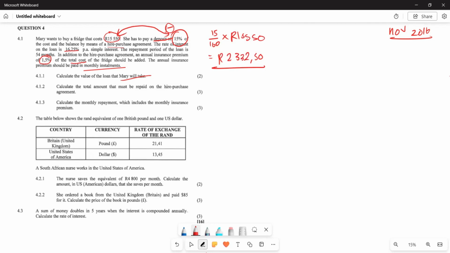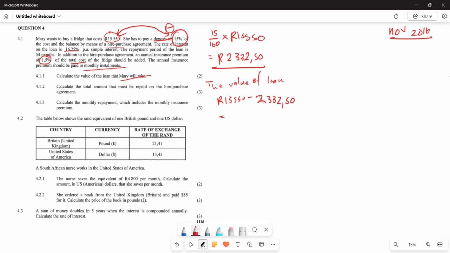So the value of the loan is going to be 15,550 subtract the deposit, which is 2,332.50.